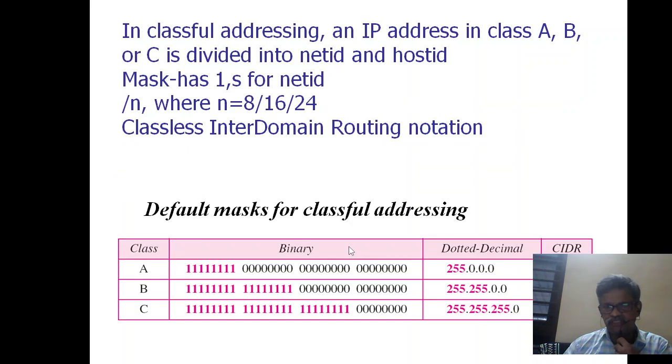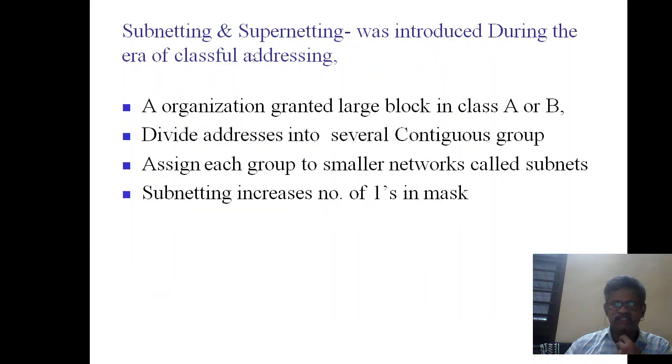So the network portion is determined by the number of ones. So it will do some internal grouping here, so that internally it can extend these ones. That is called subnetting. So subnetting is how we divide addresses into several contiguous groups, and assign each group to a smaller network called a subnet. We'll see one example of subnetting.